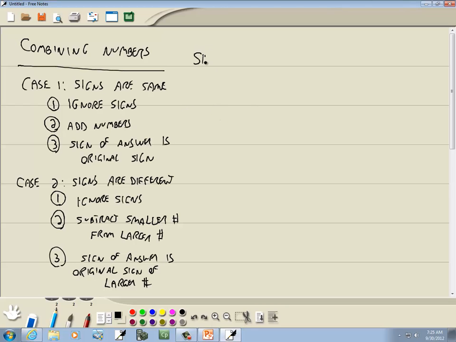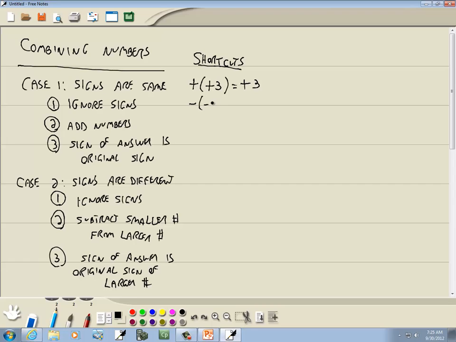Now we have some shortcuts that help us on these. If you got a positive, parentheses, positive and then a single number, a positive becomes positive. So that becomes a positive 3.